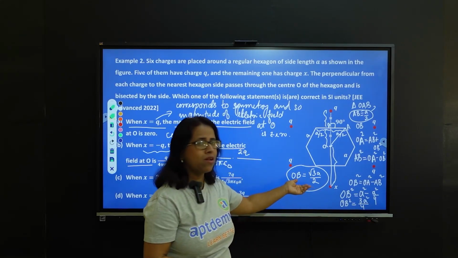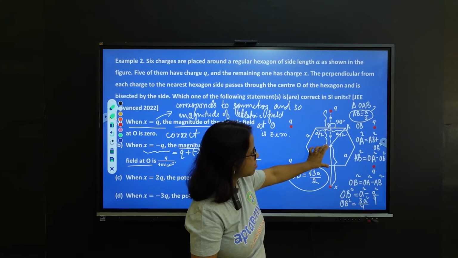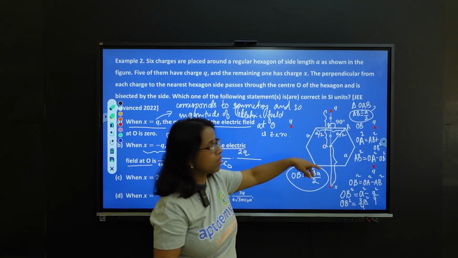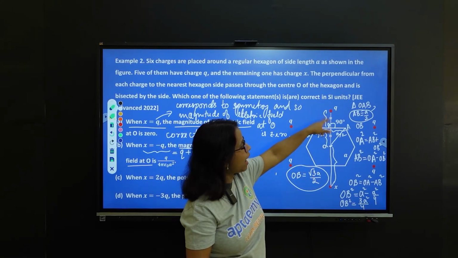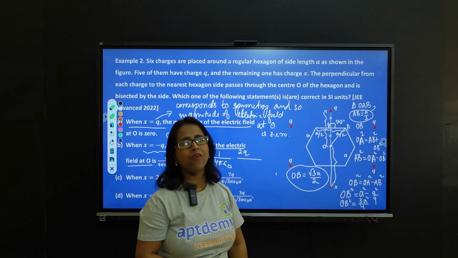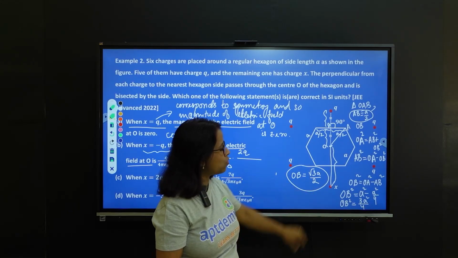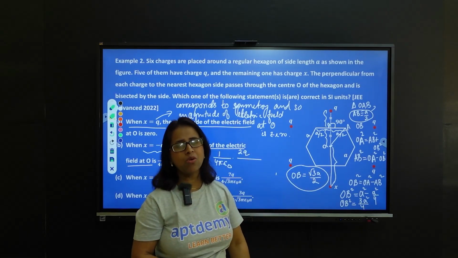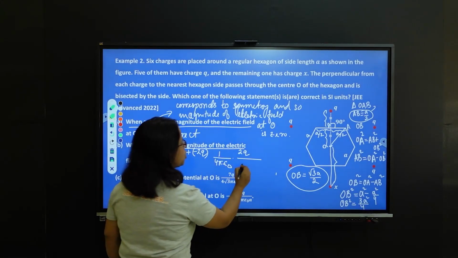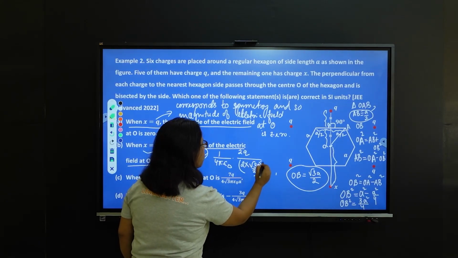Now, hope you understand why we found out OB. OB is this particular distance. And as we know that the side is bisecting the line which is drawn from that particular charge, these two parts will have the same value. So if we have this part as root 3a by 2, the remaining part is also root 3a by 2. But in the formula we have R square, which means that this is 2 times root 3a by 2, whole squared.